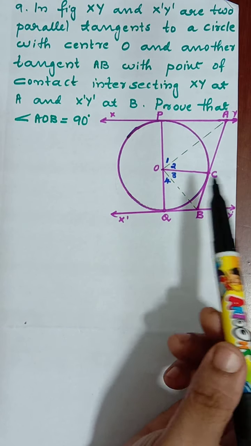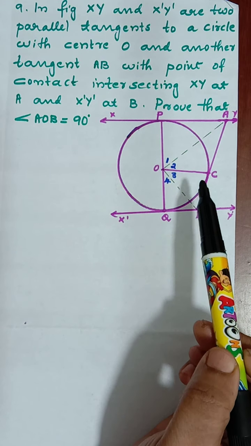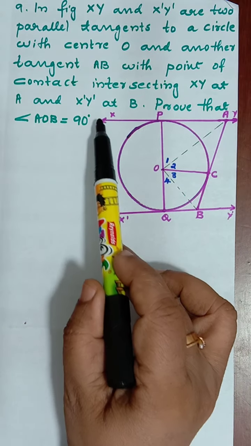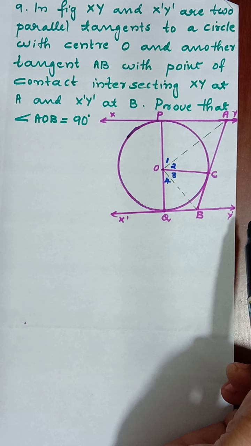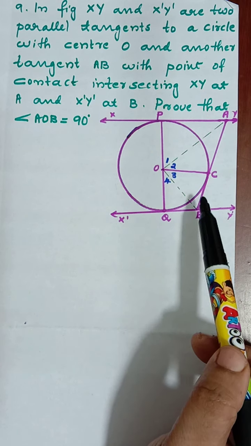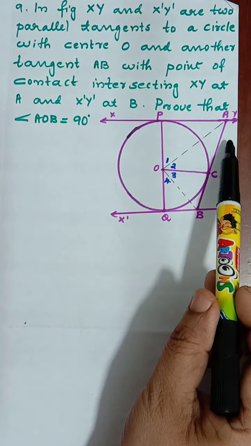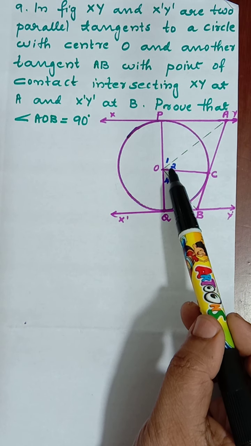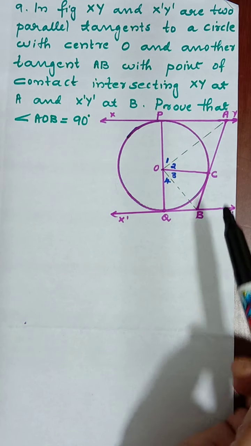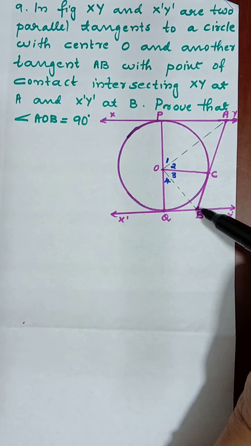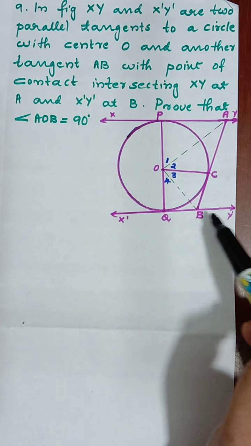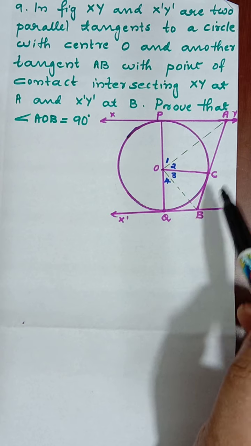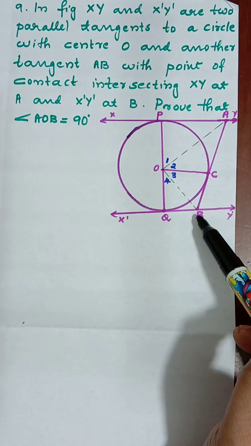Let us see this figure with XY and X dash Y dash. The XY line and X dash Y dash line are two parallel tangents. This figure is given to you: two parallel tangents to a circle with center O, and another tangent AB with a point of contact, intersecting XY at A and X dash Y dash at B. Prove that angle AOB equals 90 degrees.